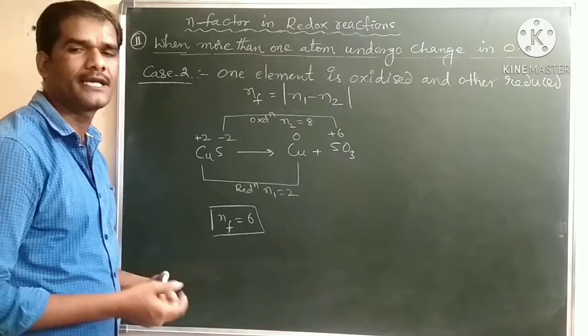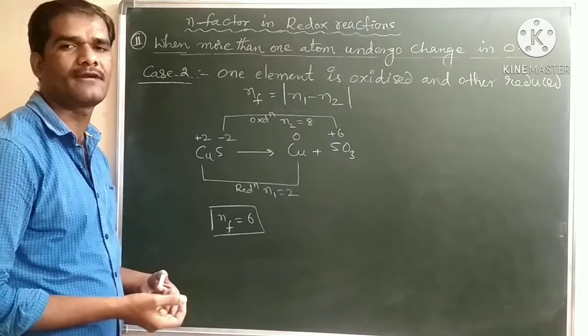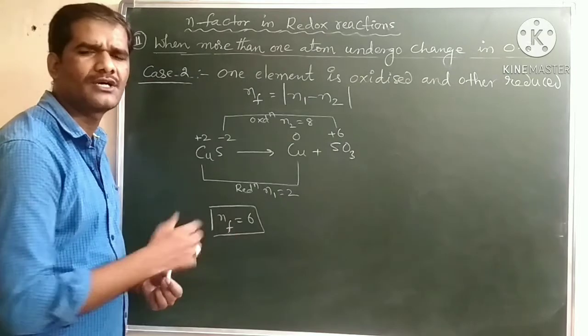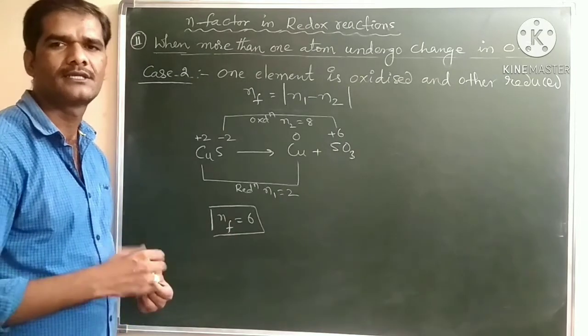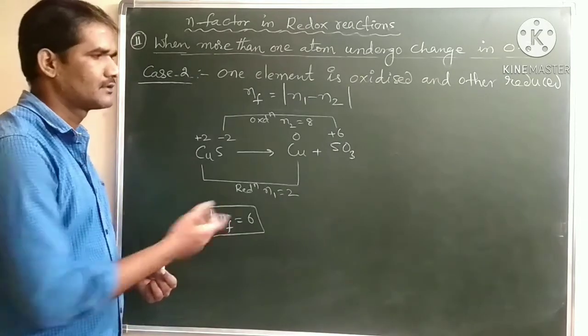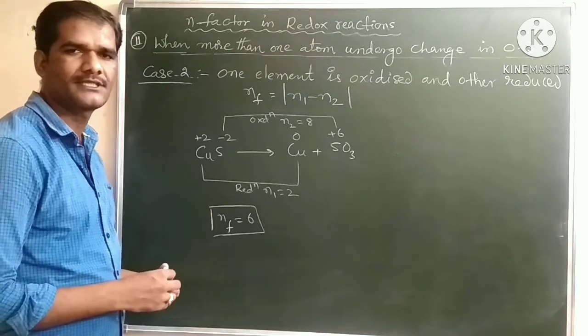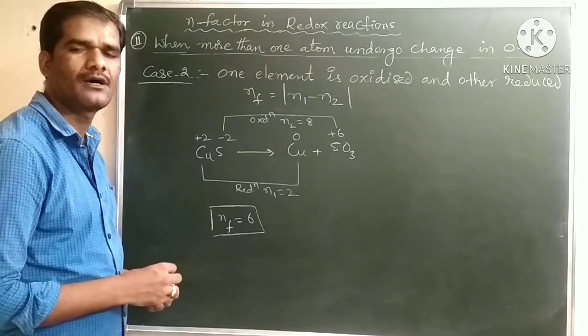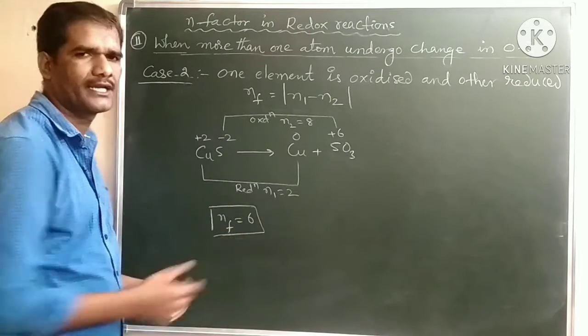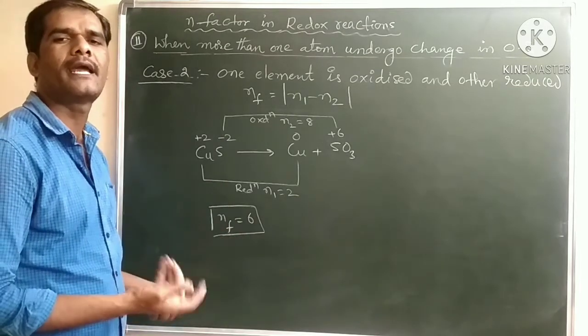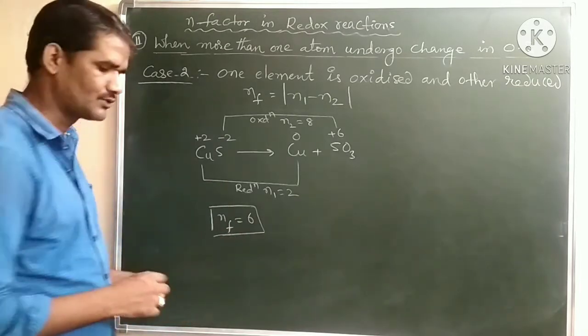So in that case the resultant n factor is either the change in oxidation state for the reducing species or the change in oxidation state for the oxidizing species. Any one you can take. Resultant n factor is equal to n1, that also is equal to n2.